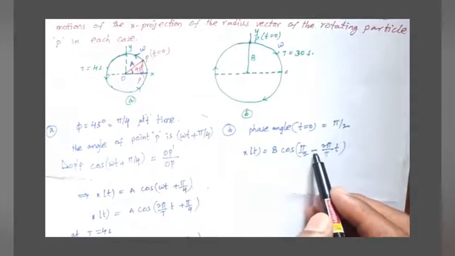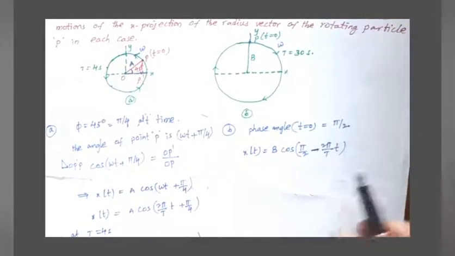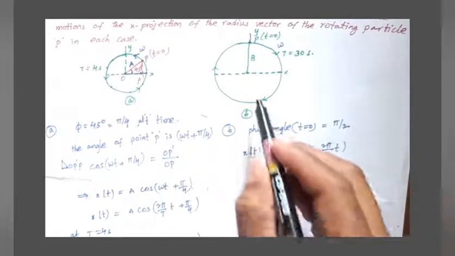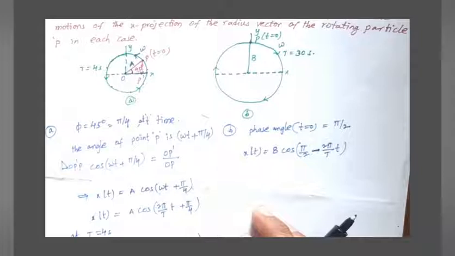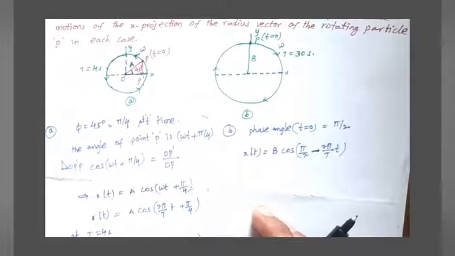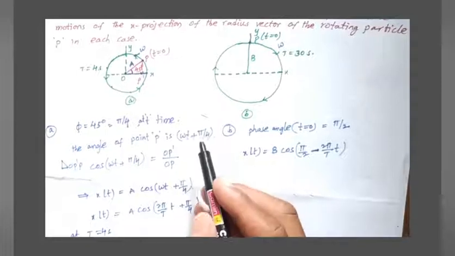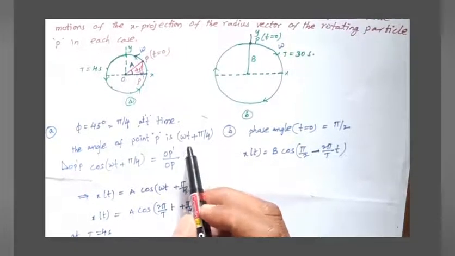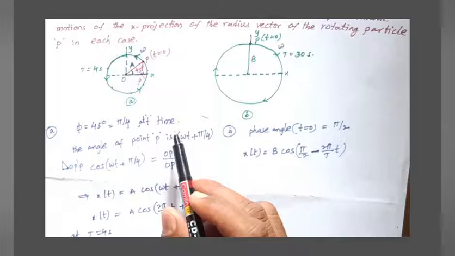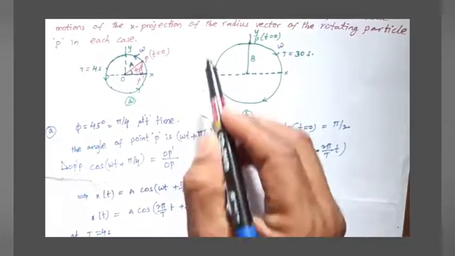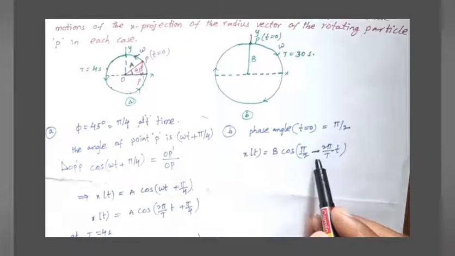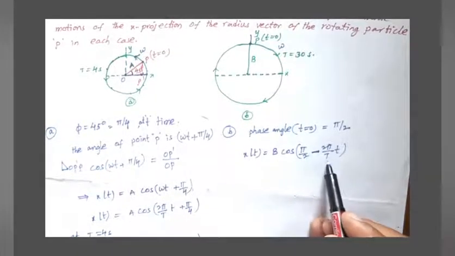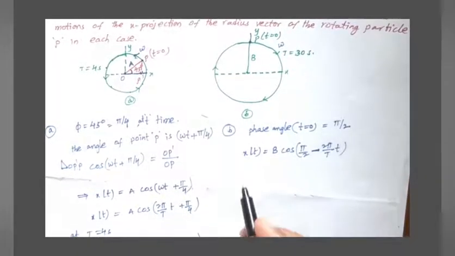Why have we taken the negative sign here? The negative sign indicates the clockwise direction as opposed to the anti-clockwise direction. When a particle moves anti-clockwise, the angle omega t is taken as positive. When it moves clockwise, we take it as negative, so minus 2 pi by T into t.